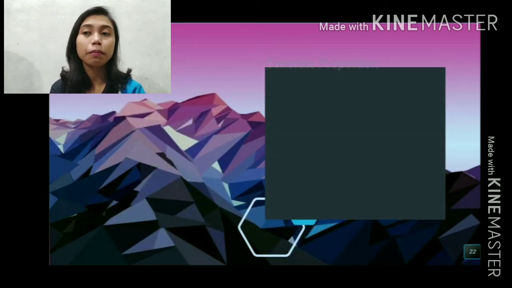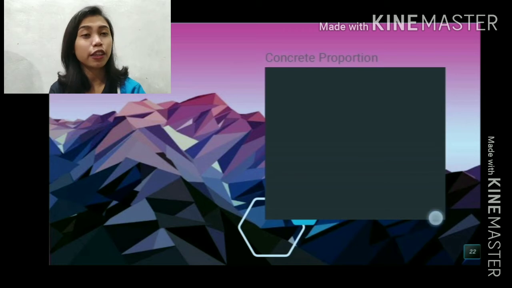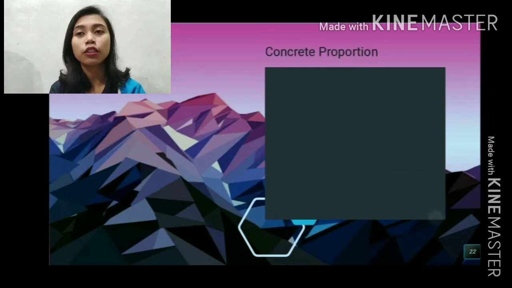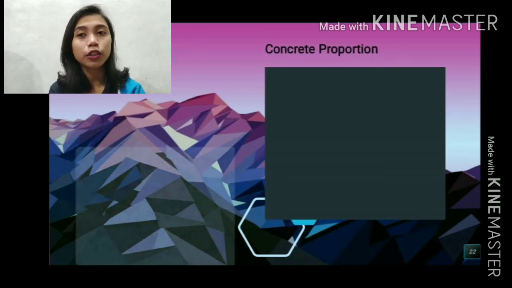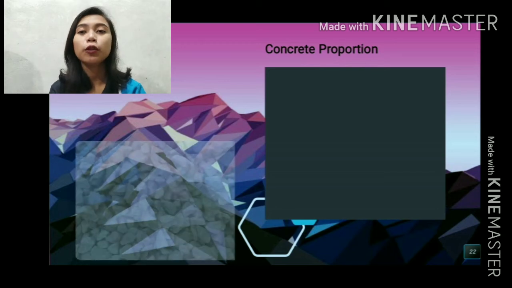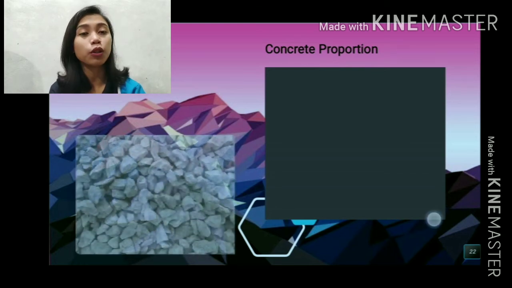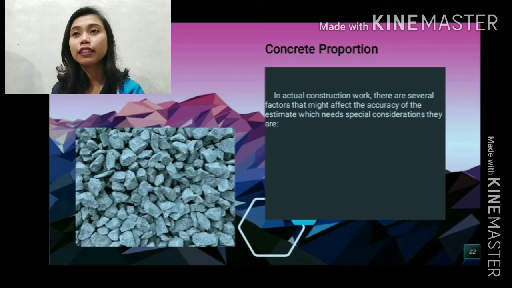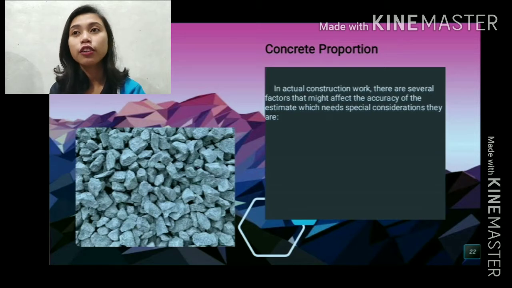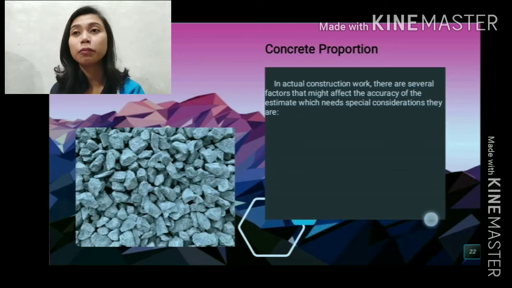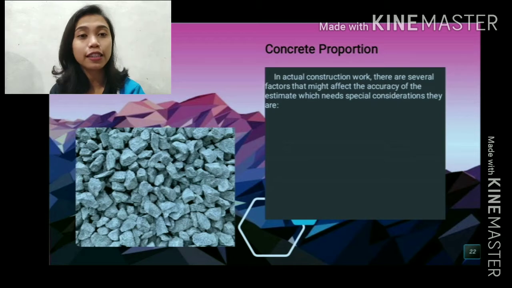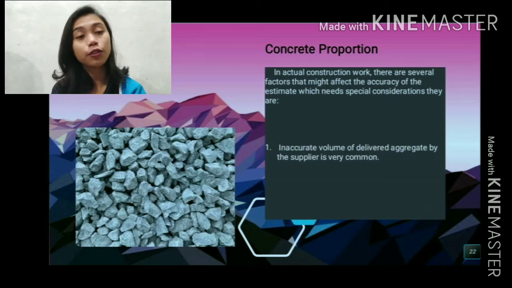Common kilograms in a bag of cement is 40 kilograms. So a box with 0.30 meters on all sides can be used since it could be equal to 1 cubic foot. In actual construction work, there are several factors that might affect the accuracy of the estimate, which need consideration.